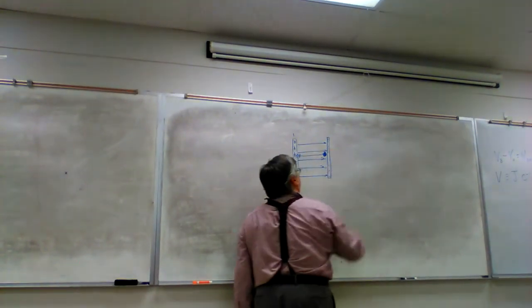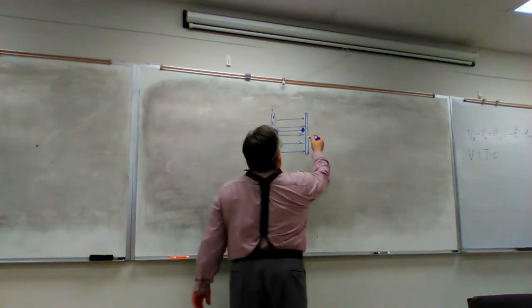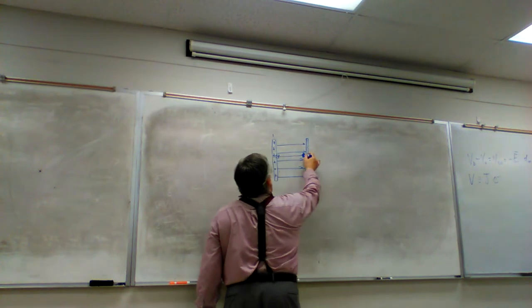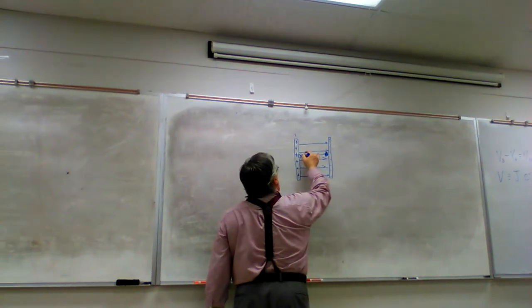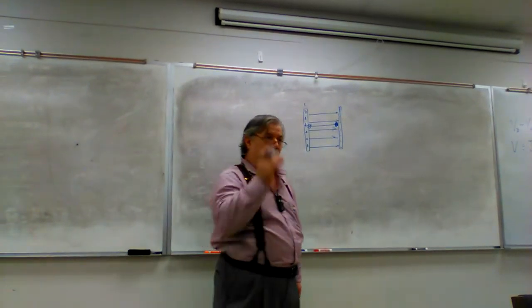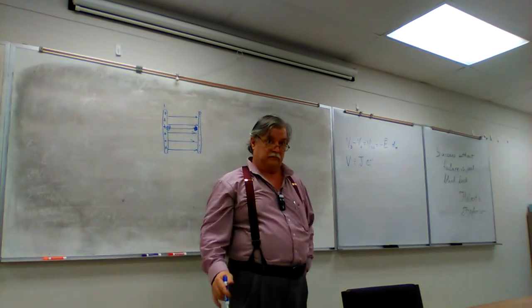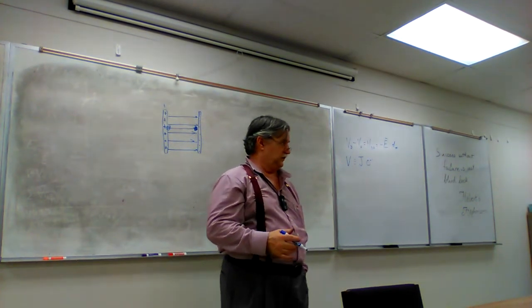Over here, we release it initially from rest. We let go of it, and it is moved here, where just before it hits that plate, it is now traveling with some significant velocity. Everybody see that?